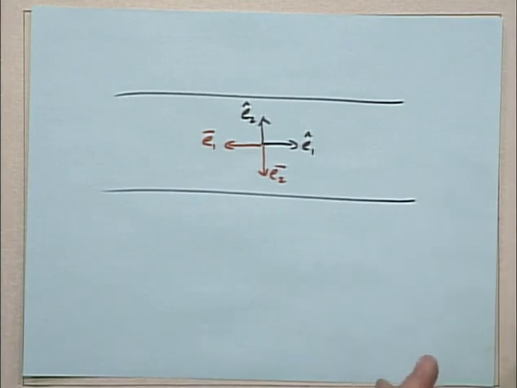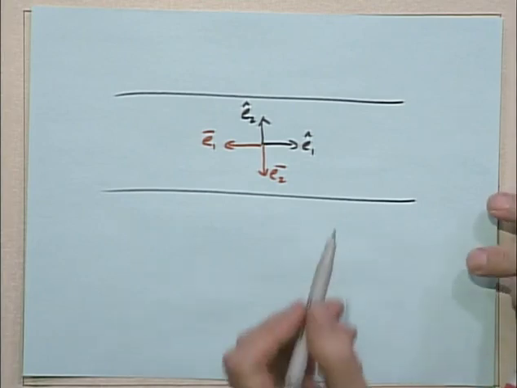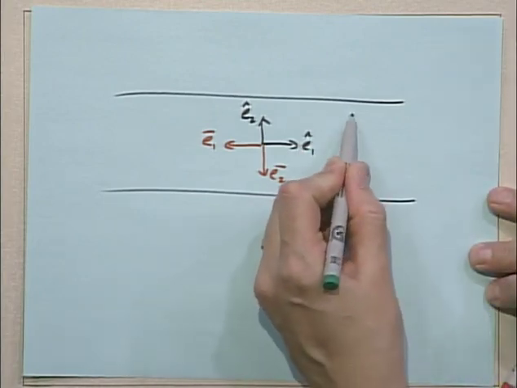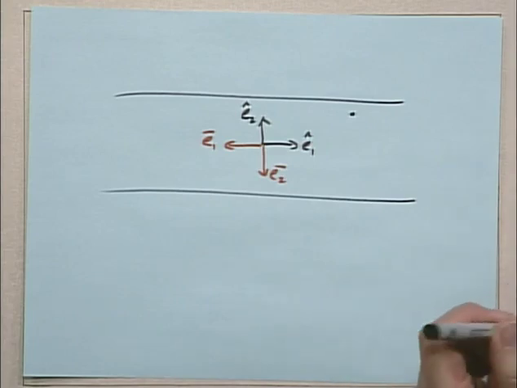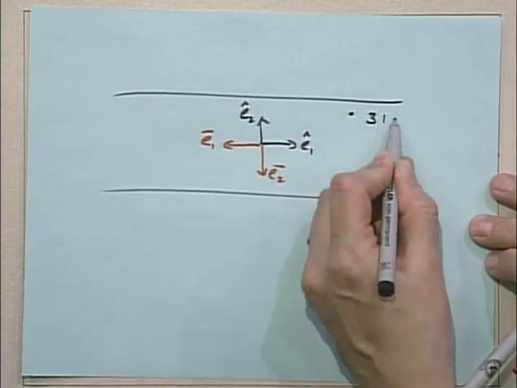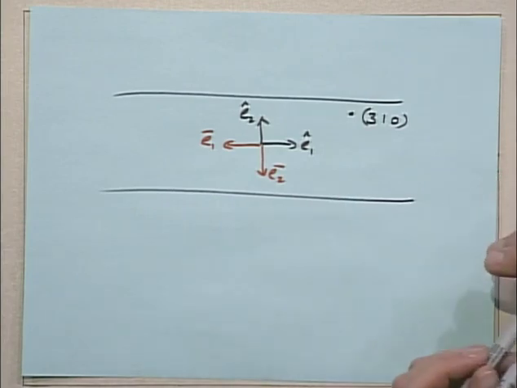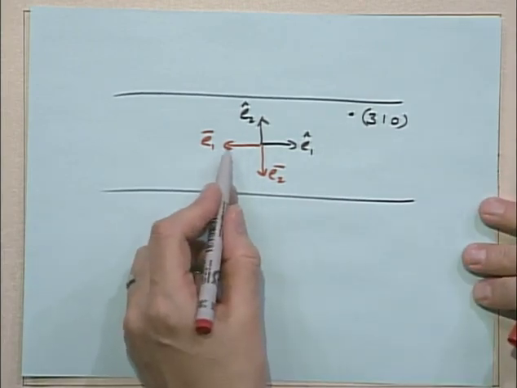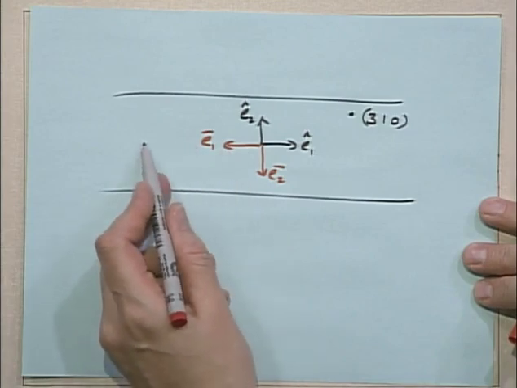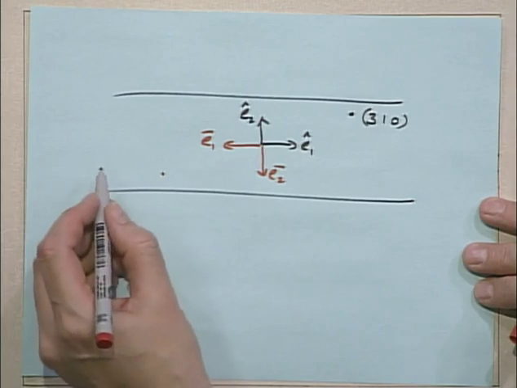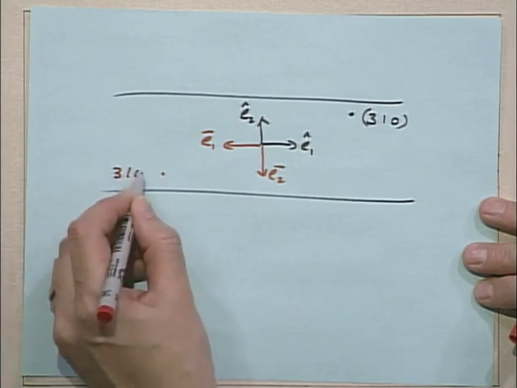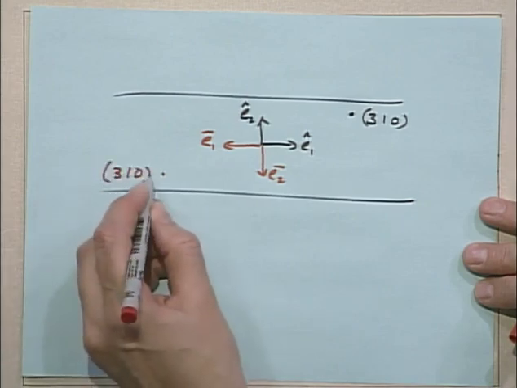Remember, anything we do in fluid mechanics should be independent of coordinate system. So now I pick this point, which in the black coordinate system is the point 3, 1, 0. And I pick the 3, 1, 0 point in this coordinate system. So 3 over in the 1 direction and 1 up in the 2 direction. In the red coordinate system, this is the point 3, 1, 0. This is in the bar coordinate system.